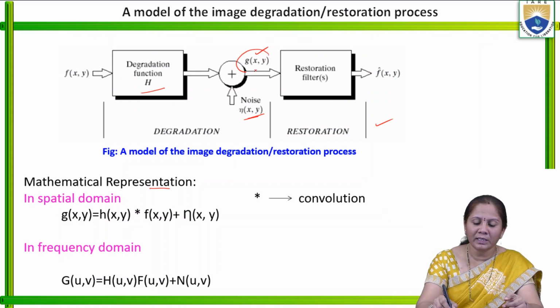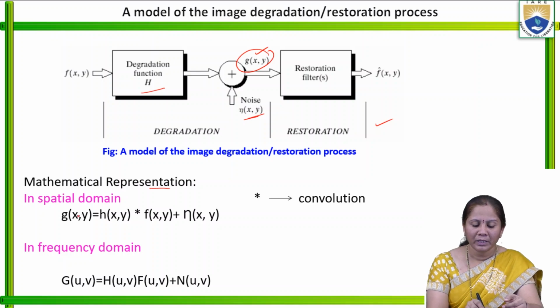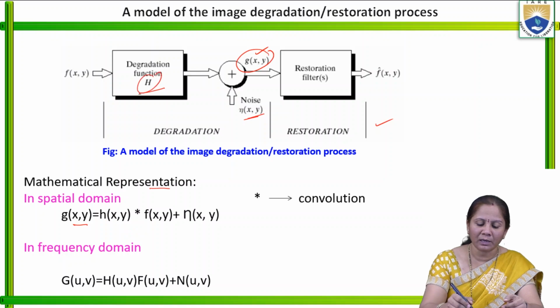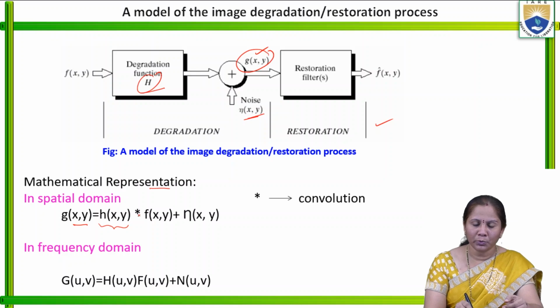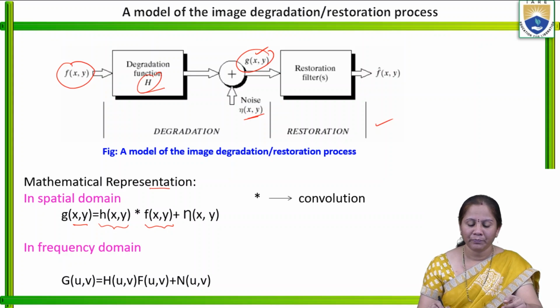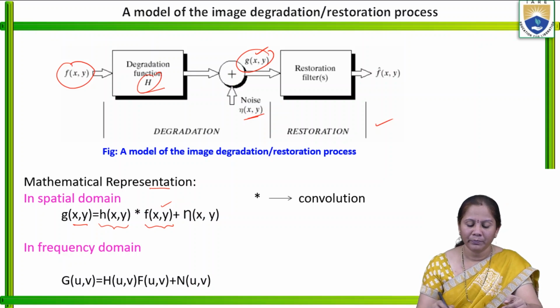From this figure we can write g of x comma y is equal to h of x comma y, the degradation function, convolved with f of x comma y, the input image, plus the additive noise n of x comma y.